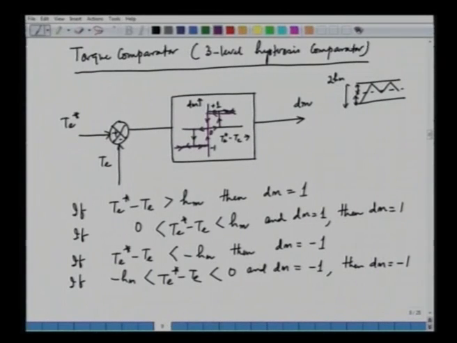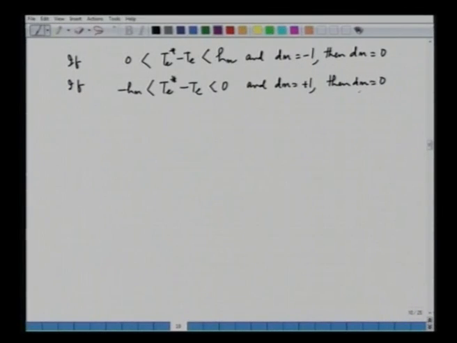It means the torque need not be increased nor be decreased. So, if it falls within the band here, and earlier it was plus 1, then the torque status will be equal to 0. So, this 3 level torque comparator helps us decide whether the torque will be increased or decreased or should remain unchanged.